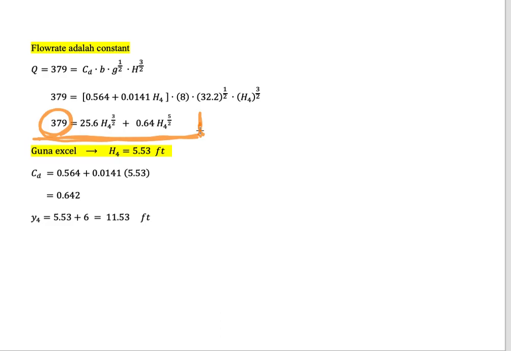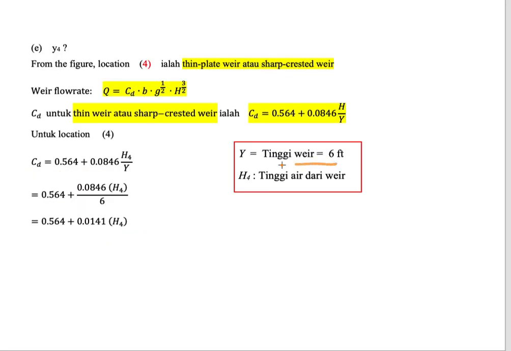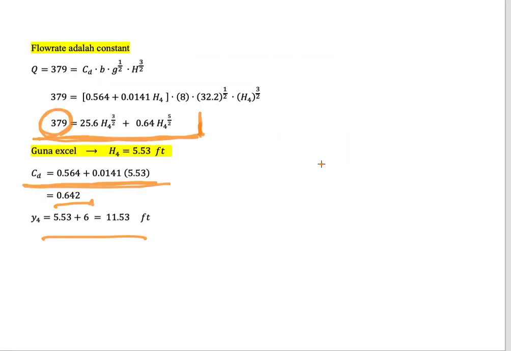The value of H4 is equal to 5.53 feet. If we substitute into this CD, we find that the value of CD is 0.642. Then we could calculate the value of Y4, which is 5.53 plus 6. So 6 here is the height of the weir, and then we add the 5.53, the value that we get from the calculation.